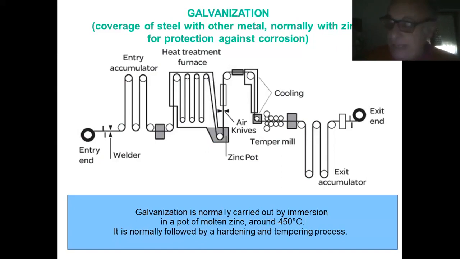So you create a protective layer, which is not an oxide. It's a real protective layer, and therefore you are able to avoid corrosion once again. So this is a scheme.